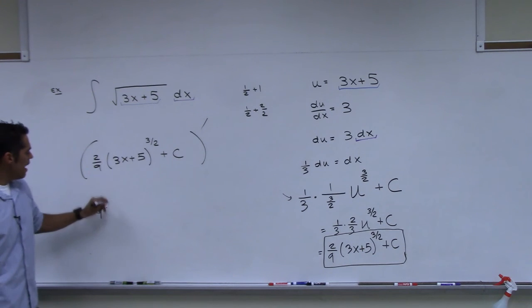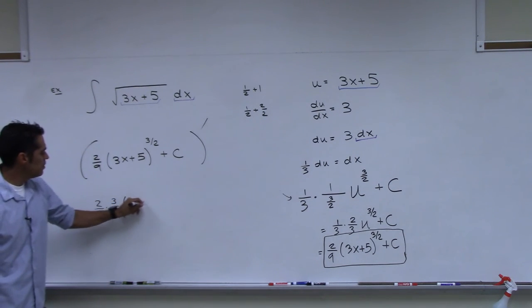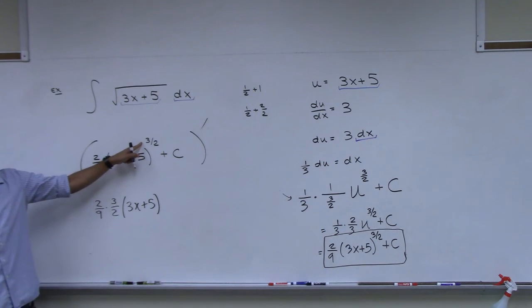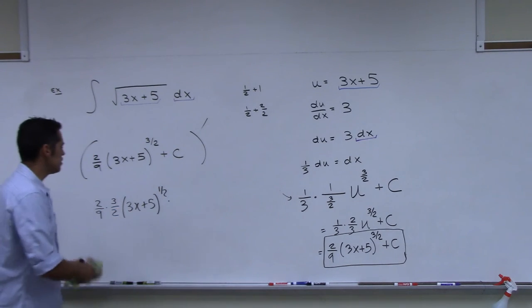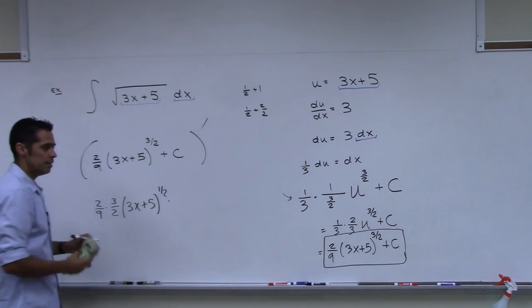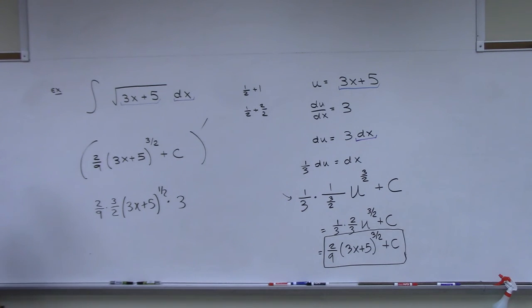I bring that 3/2 out. And then I rewrite 3x plus 5, and I subtract 1 from this. If you subtract 1 from 3/2, you get 1/2. Times the derivative of what's inside, right? We have to take the derivative of what's in here, which is 3. Y'all agree? Okay.